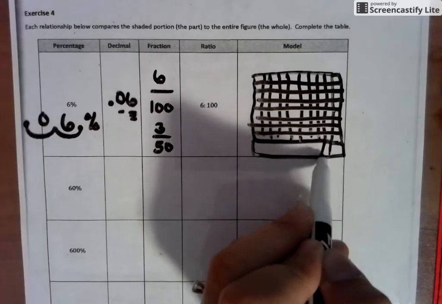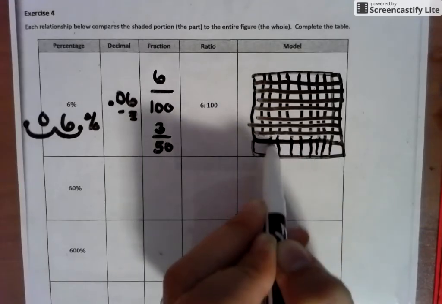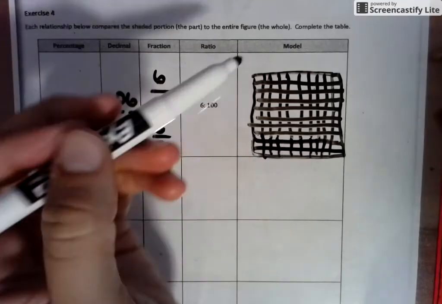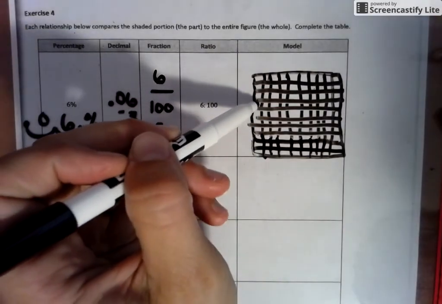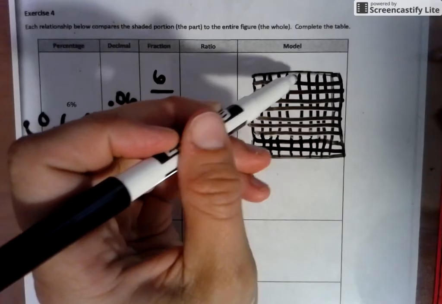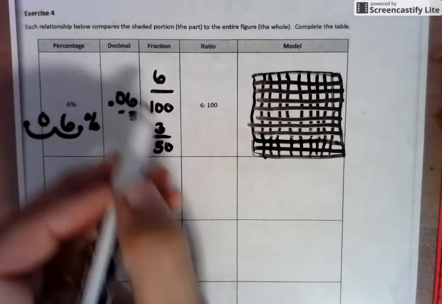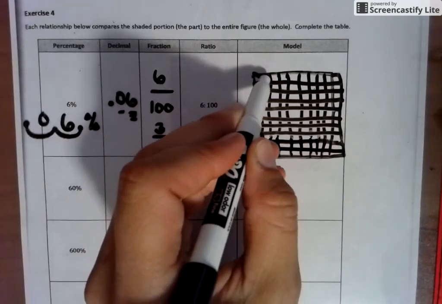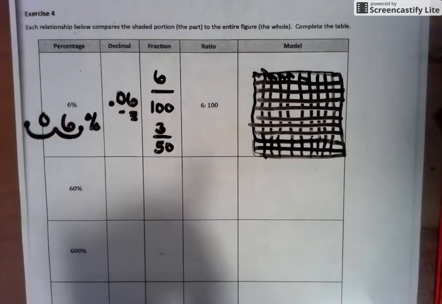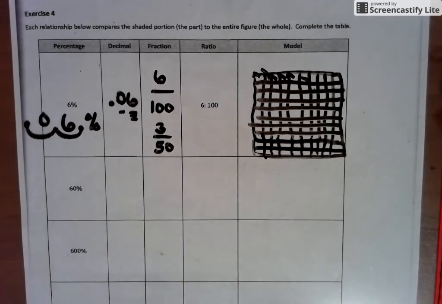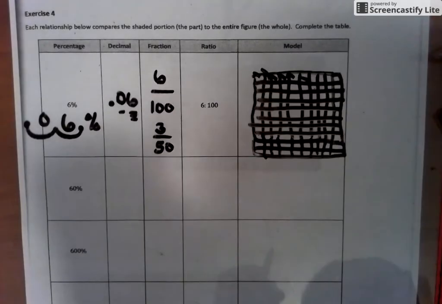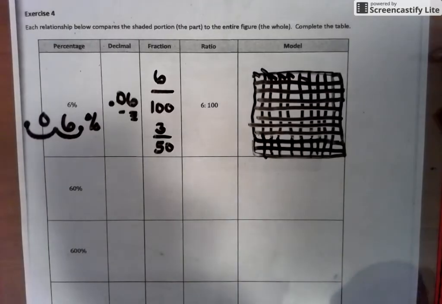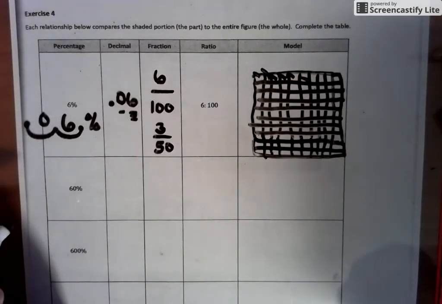Then I go 10 across, 1, 2, 3, up to 10, by 10 down. And merrily, we are coloring in 6 of those boxes. So 1, 2, 3, 4, 5, 6 to represent the model drawing of that. And you can get a better coloring job on your own.